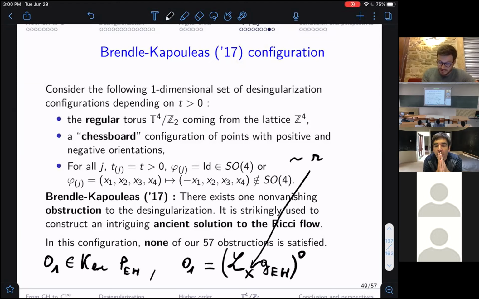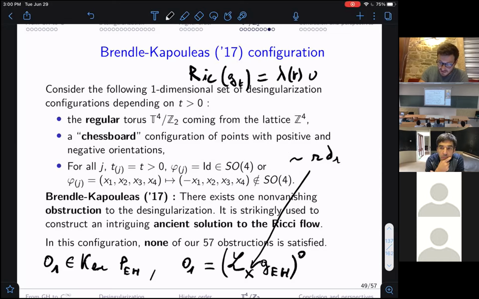So can I understand this? In some sense, you see the force which is opening up the Eguchi-Hansen metric as the obstruction? Exactly. So solving the equation modulo obstruction gives you that the Ricci of your, say, Einstein metric, maybe here it should not be Einstein, but that your Ricci flow is equal to some lambda of t, some constant depending on time, times this O1.